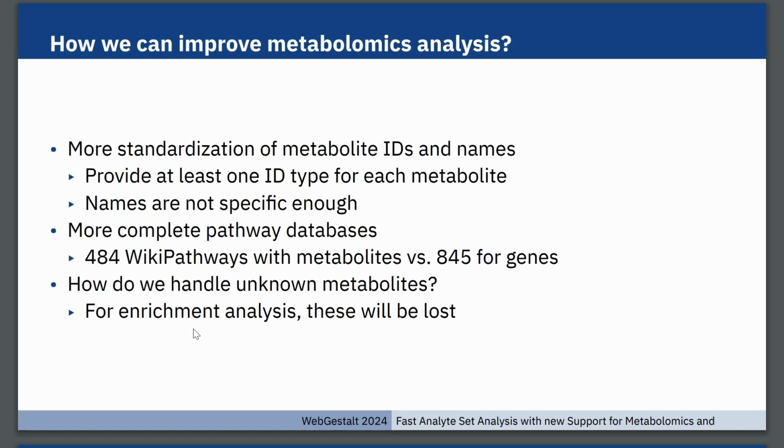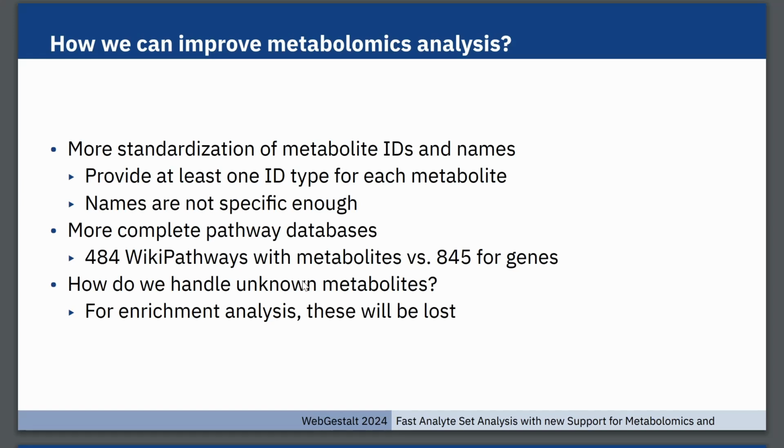Something else that I think will definitely be done in the future is that there need to be more complete pathway databases. WikiPathways, which I would say is the best annotated for metabolomics, has 484 pathways that have at least one metabolite in them versus 845 that have genes. So when you're doing integration, the amount you can do is limited by how many pathways actually support metabolites.